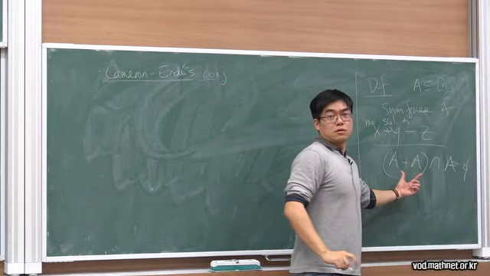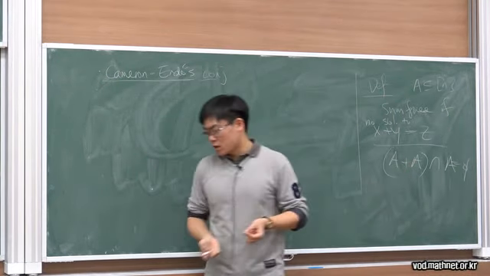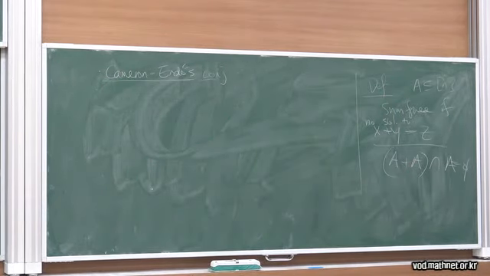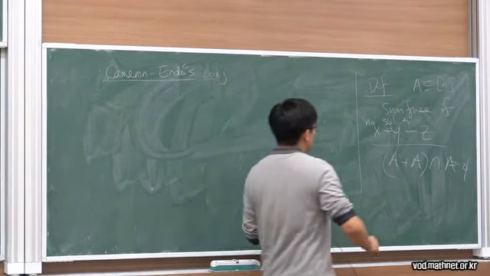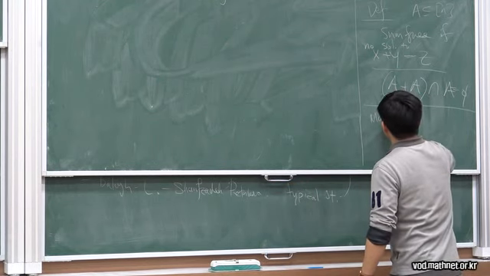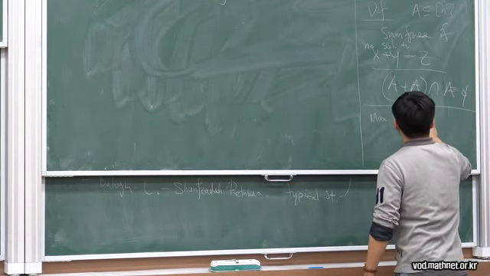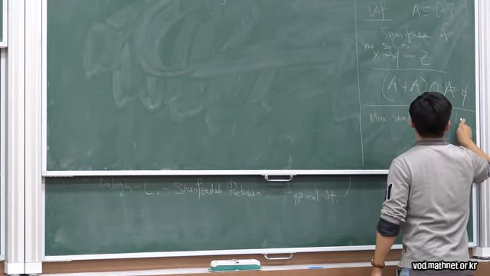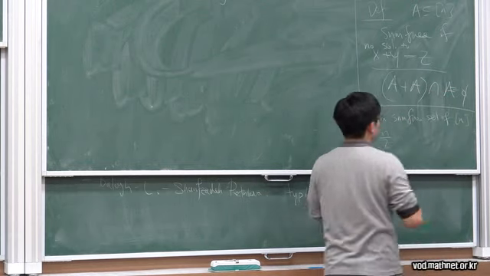Okay, this means the set generated by taking the sum of 2 elements in A. In other words, this is what it means. So, an easy observation, the maximum size of a sum free set of n is n over 2. Well, there's some floors and ceilings.